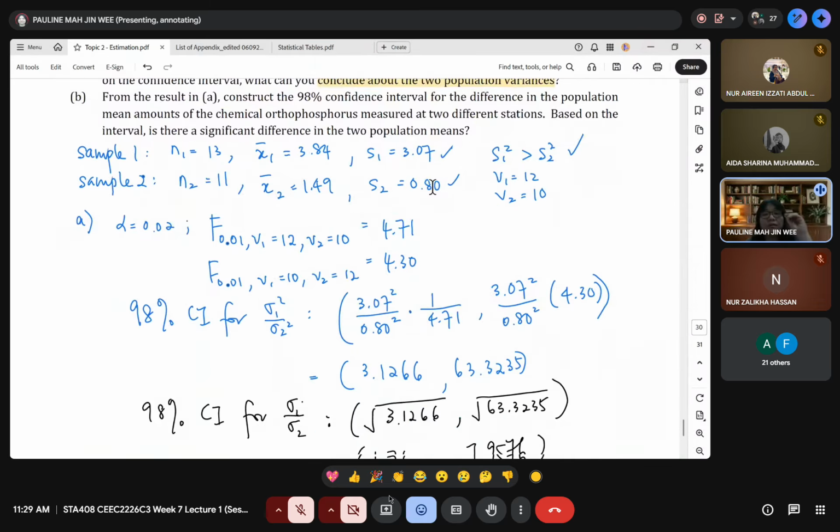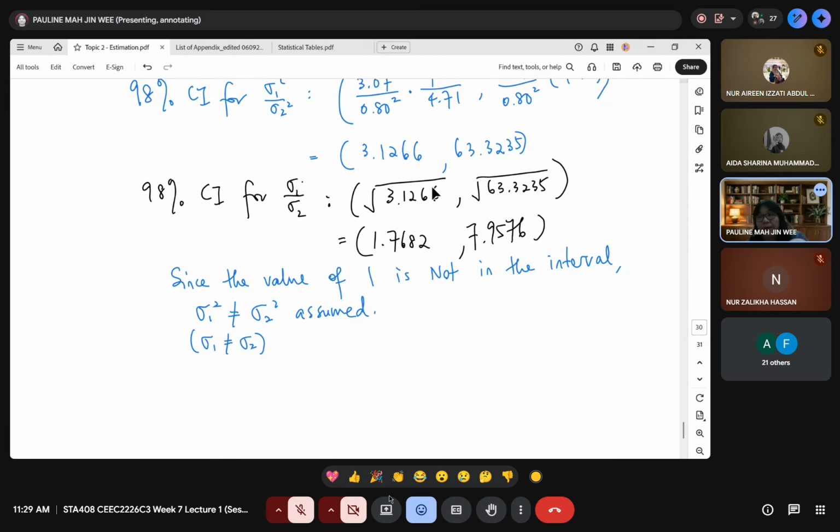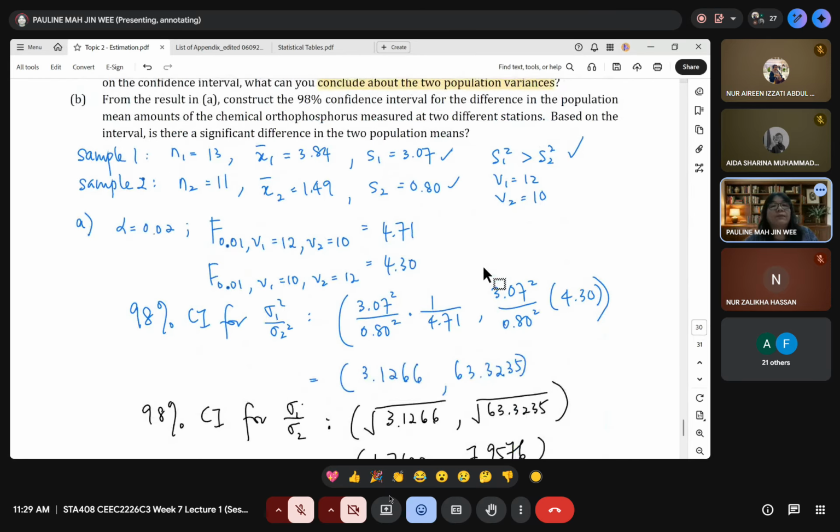So after your conclusion that you work out here, you read the second part of the question, part B. B says that from the result in A, construct a 98% confidence interval for the difference in the population means amount of chemical autophosphorus measured at the two different stations. Okay, let's read carefully.